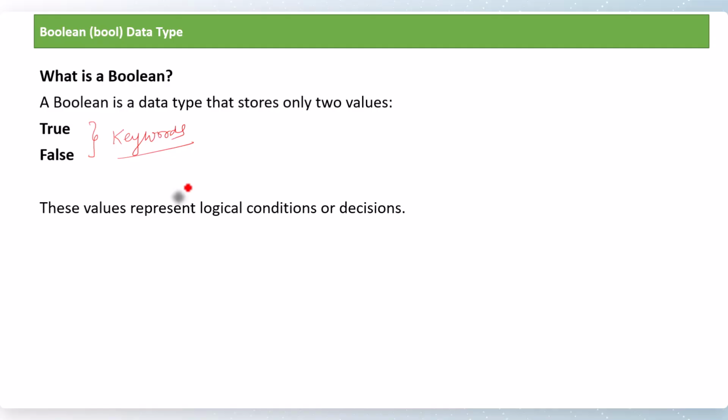True and False have a fixed meaning. These values represent logical conditions or decisions. When you want to check any condition, you can use this Boolean data type, which has only two values, True and False.